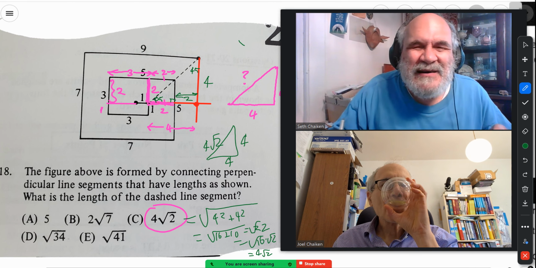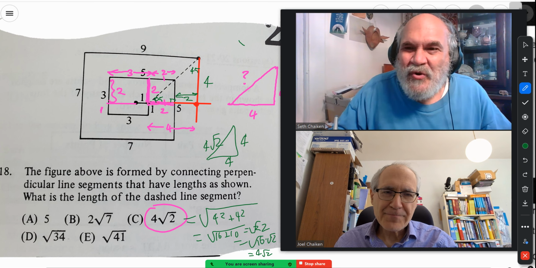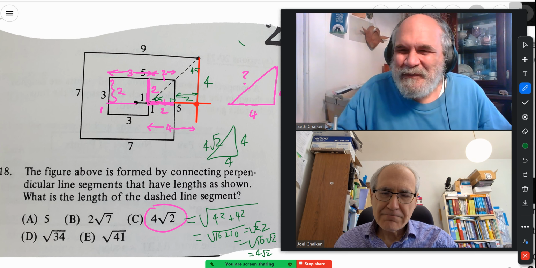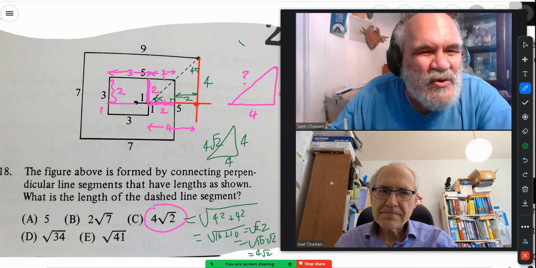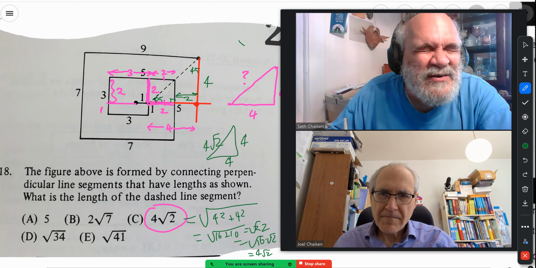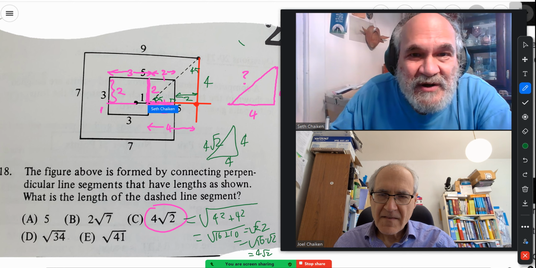Imagine that you're a bug, or imagine you're a taxi cab driver. Okay. Or an Uber driver. Yep. I'll use brown for Uber.